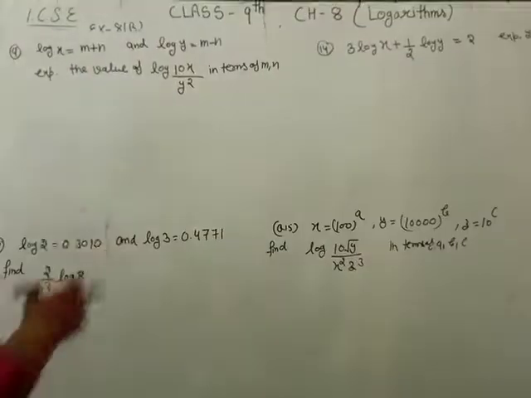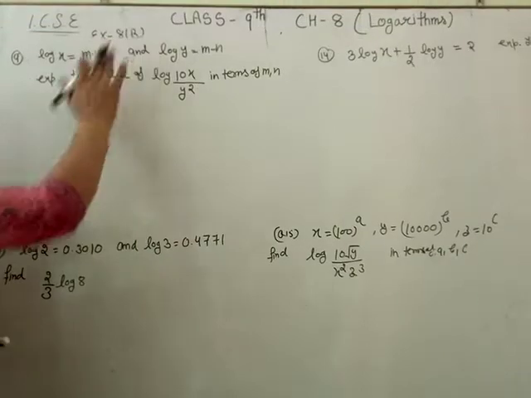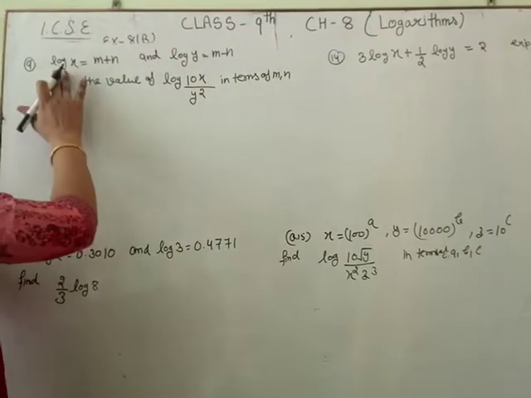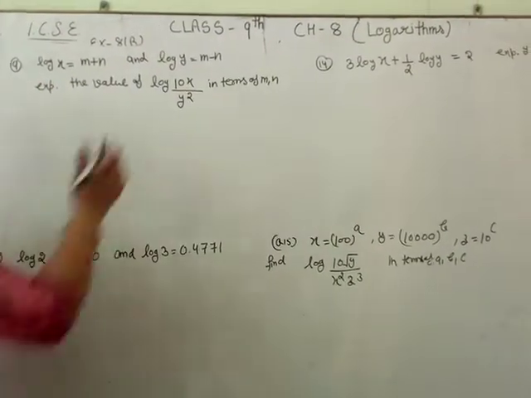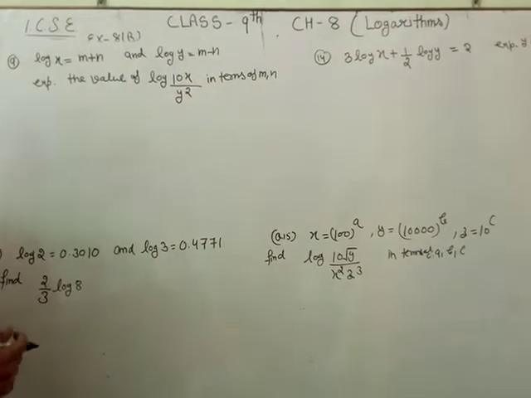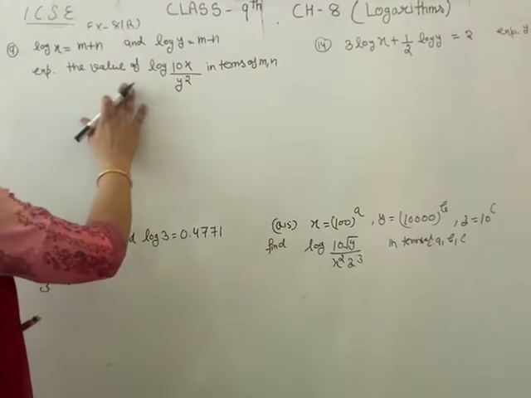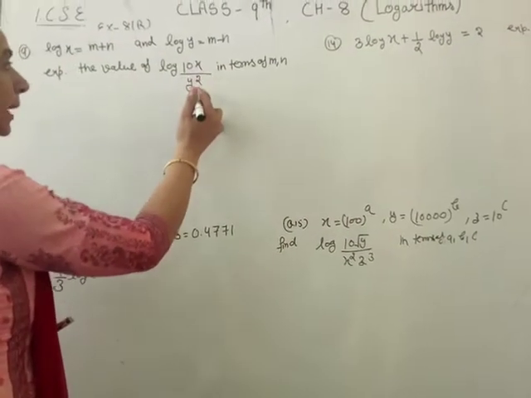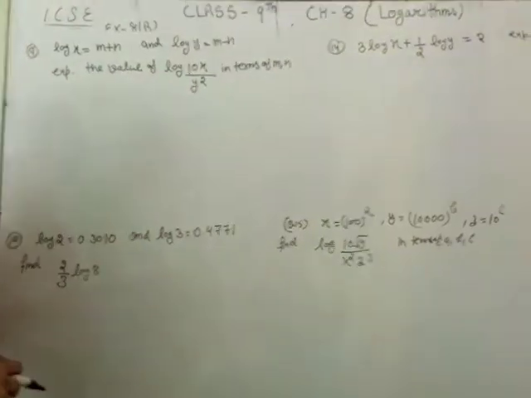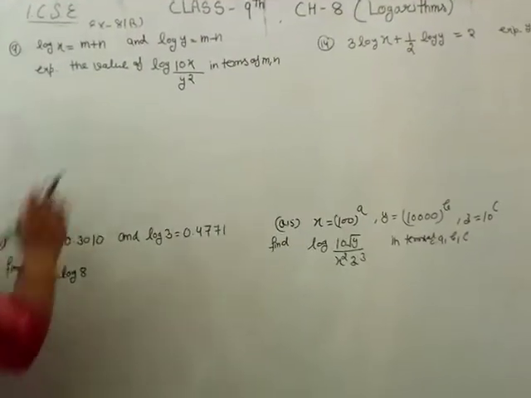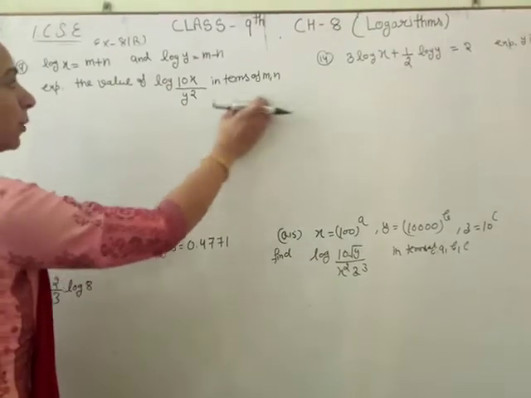Then next question, question number 9 of exercise 8B. Log x equals m plus n, log y equals m minus n. Express the value of log 10x by y squared in terms of m and n. Okay student, we express this in terms of m and n.